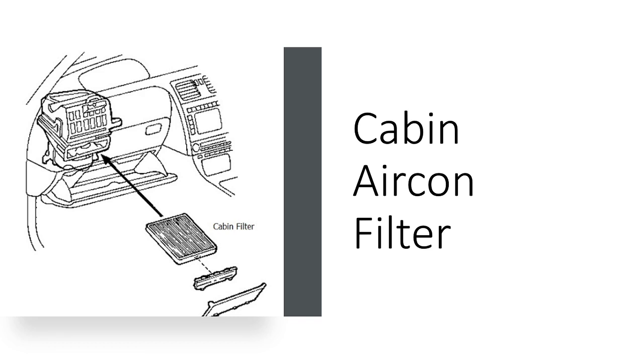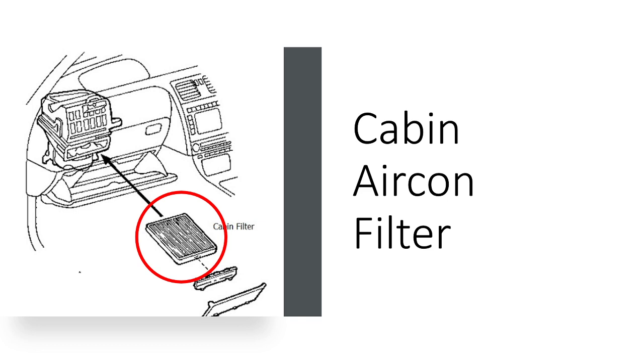The blower unit is usually located behind the glove compartment. There's a filter that will filter the external fresh air and the internal recirculating air before the air comes out through the aircon vent.